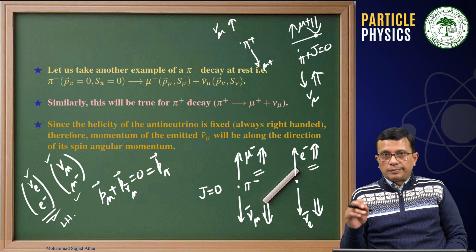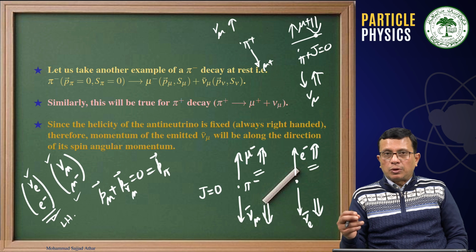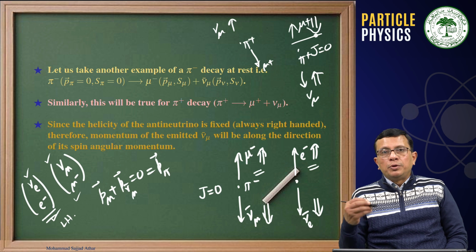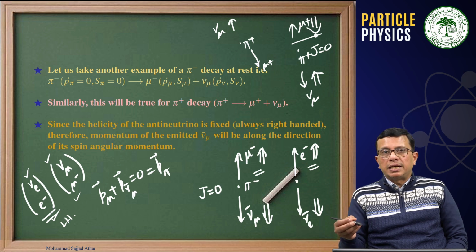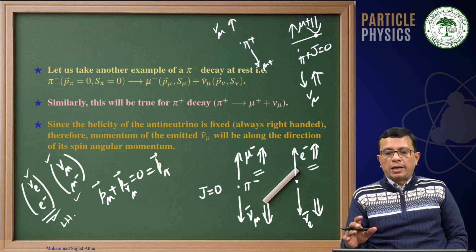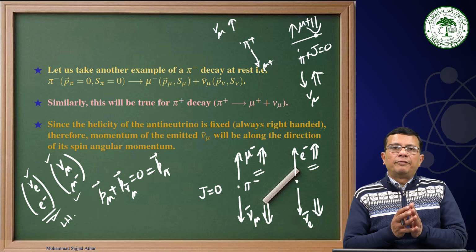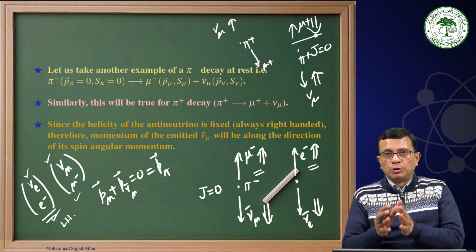And given again a choice between e plus and mu plus, for nature it will be much easier to keep mu plus in a wrong helicity state than to make e plus into a wrong helicity state, because mu plus is a member of the muon-type neutrinos.